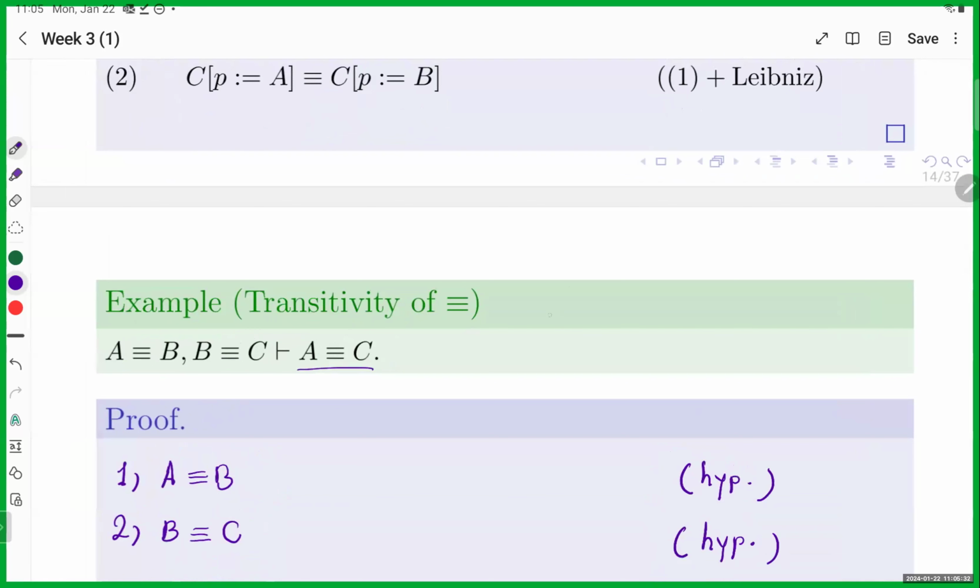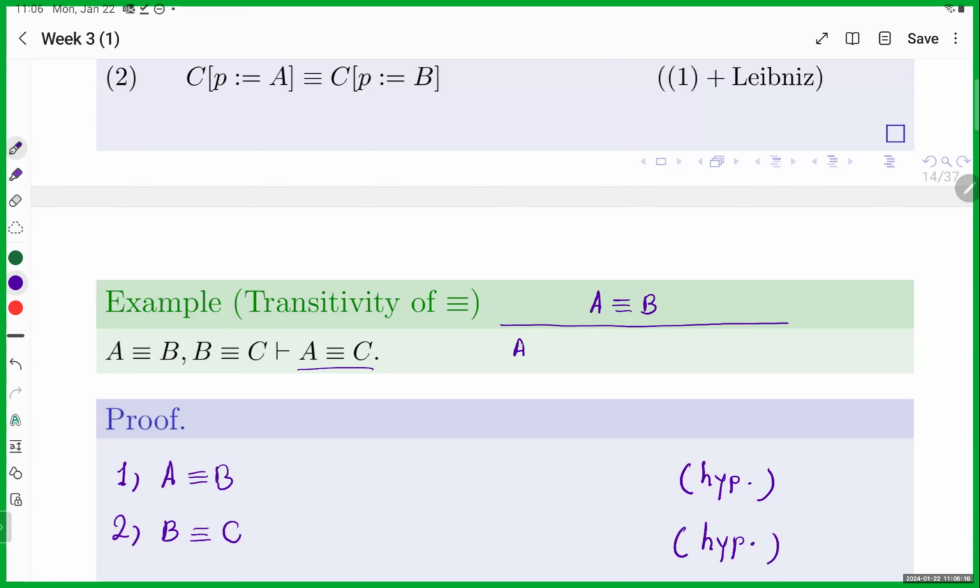I can use either of these two. Let's pick A is equivalent to B as the numerator. Let me think a little.